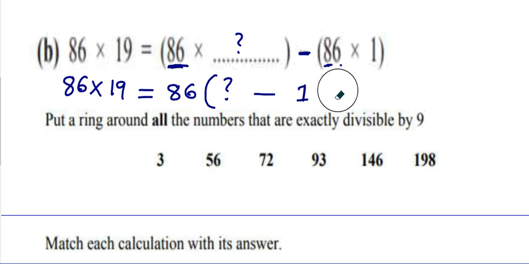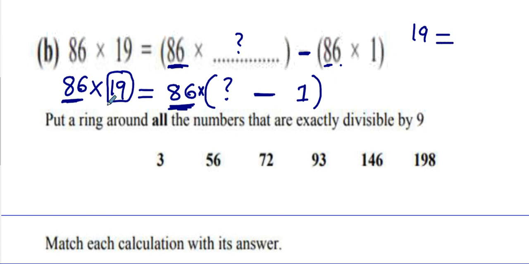Let me write properly the bracket. See that? Now, outside the brackets here means multiplication sign. So 86 and 86 are the same numbers. So what is missing here? 19, put it over here. 19 equals which number minus 1?